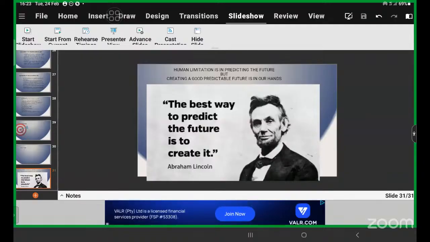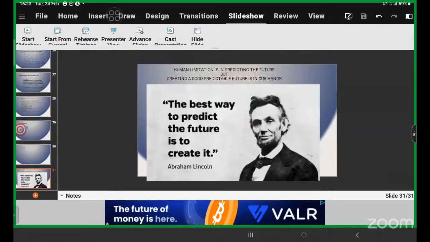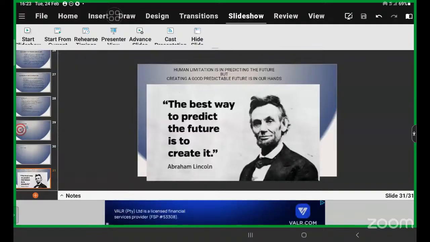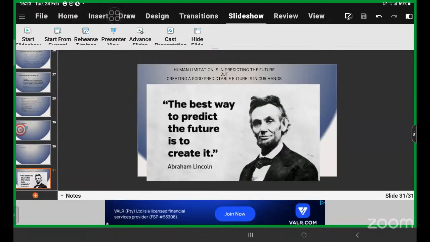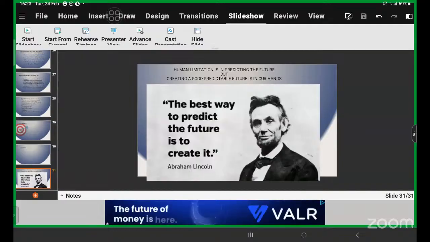So this is a paradox in life. However, Abraham Lincoln, one of the greatest presidents of the United States, said, the best way to predict the future is to create it. Now, for me, I would like to say that you create a future by anticipating problems and solving those problems beforehand. That's my parting shot.